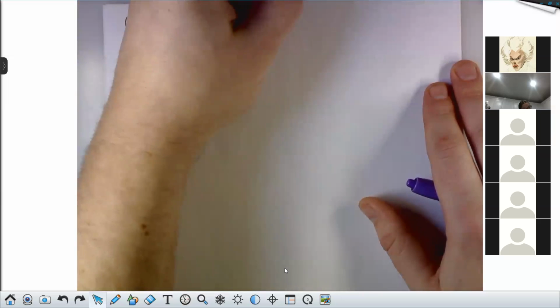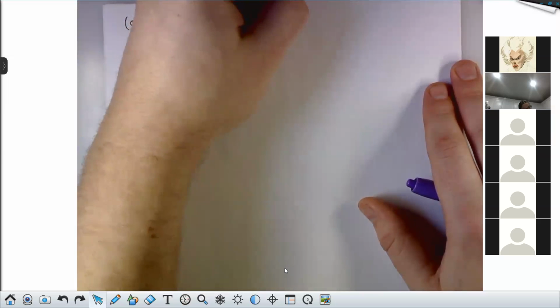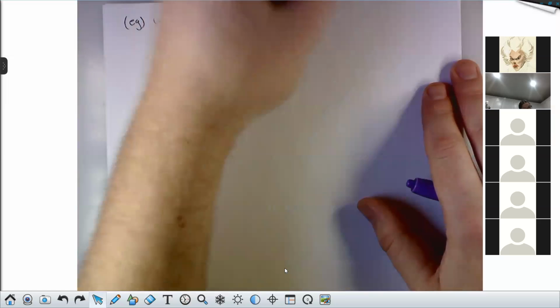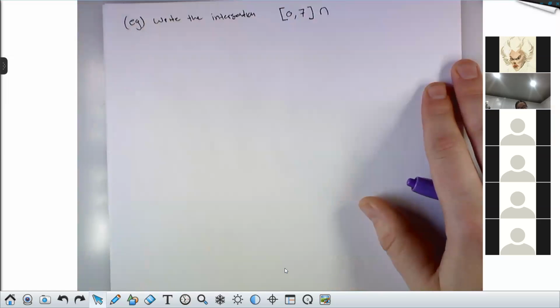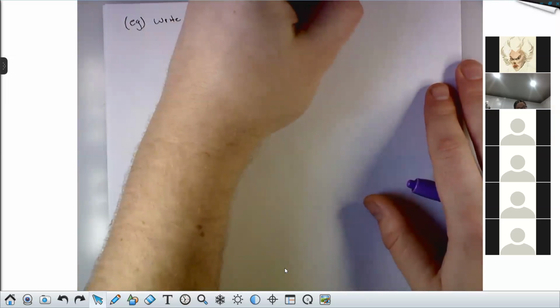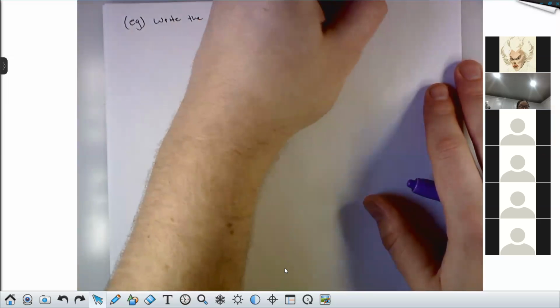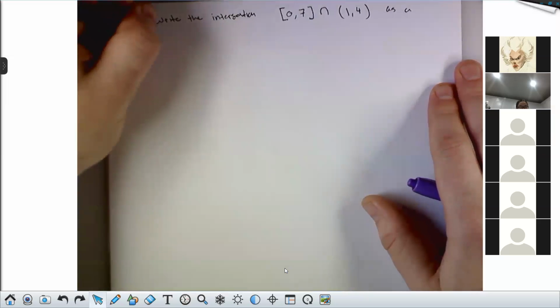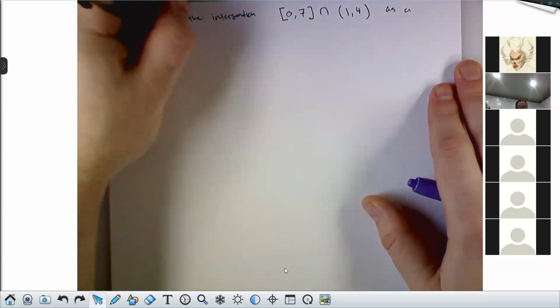Let's do 0 to 7 closed, intersected with the open interval from 1 to 4, as a single interval.